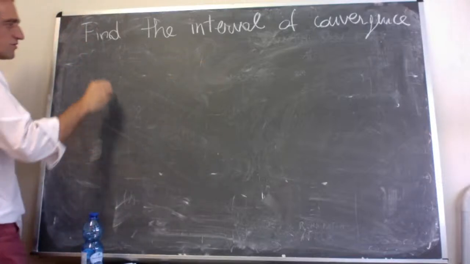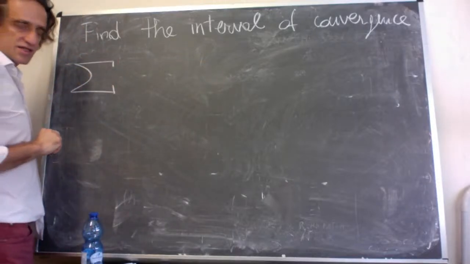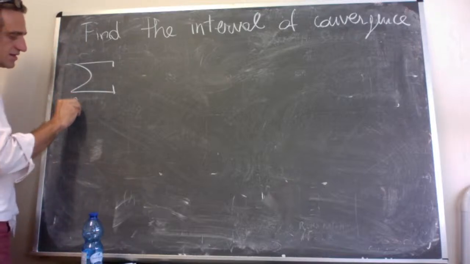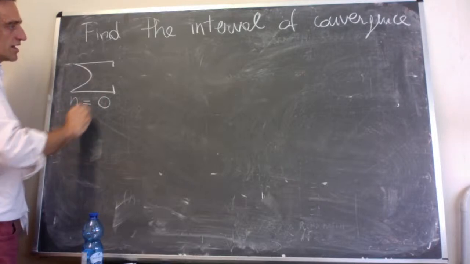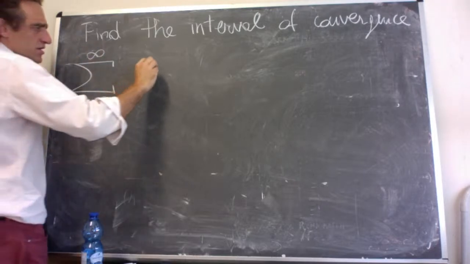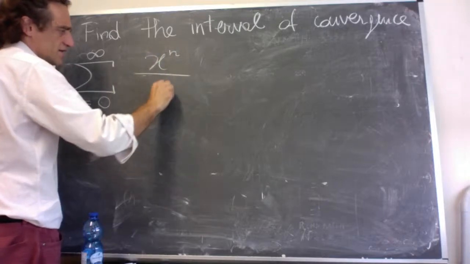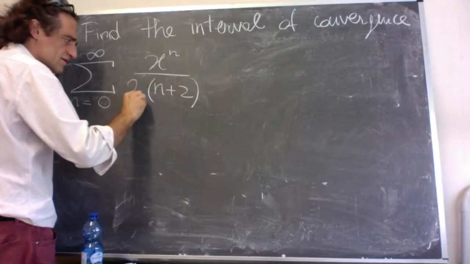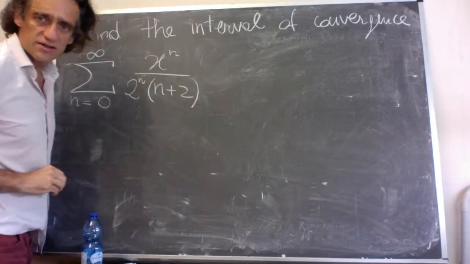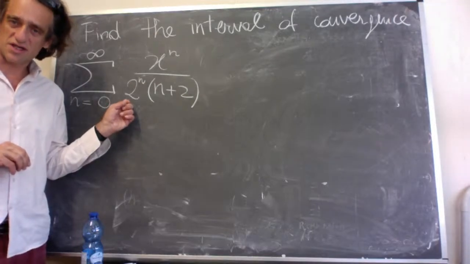Find the interval of convergence of this guy here: the sum for n going from 0 to plus infinity. Let us remember the first exercise. We had n plus 2 at the denominator, but then here we add 2 to the nth power. Here we add another factor, which has an exponential form.